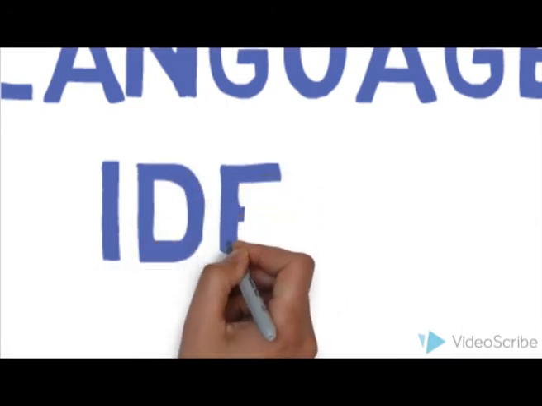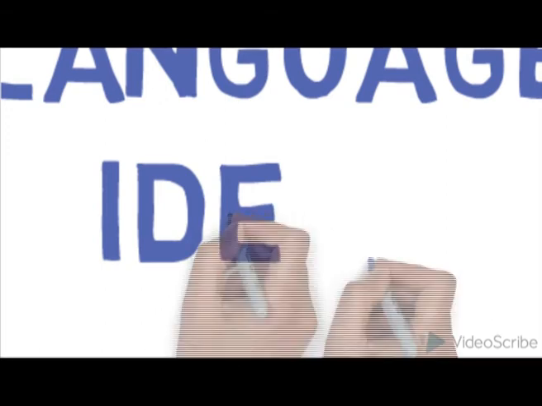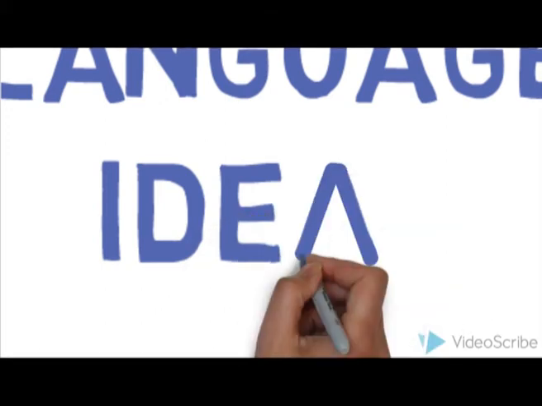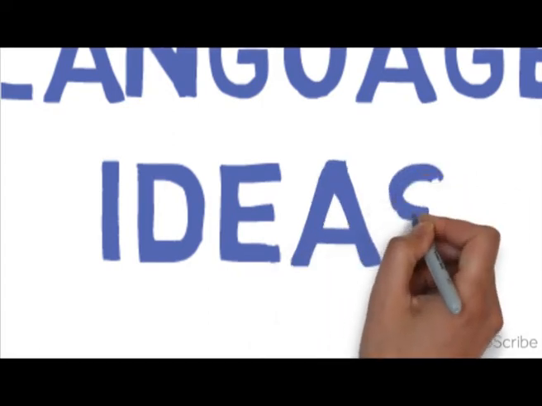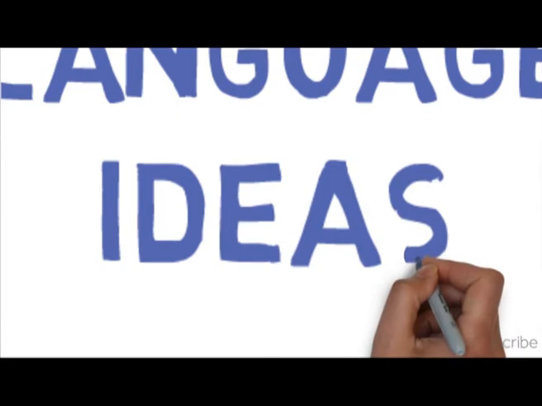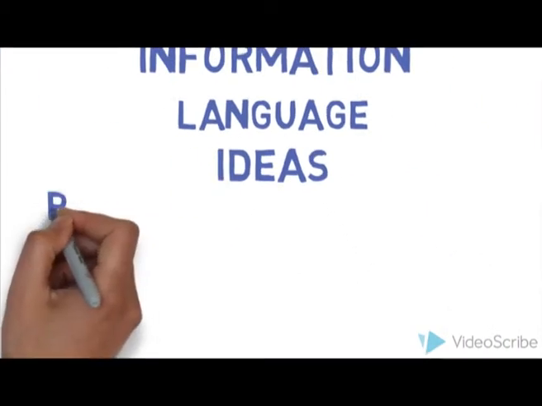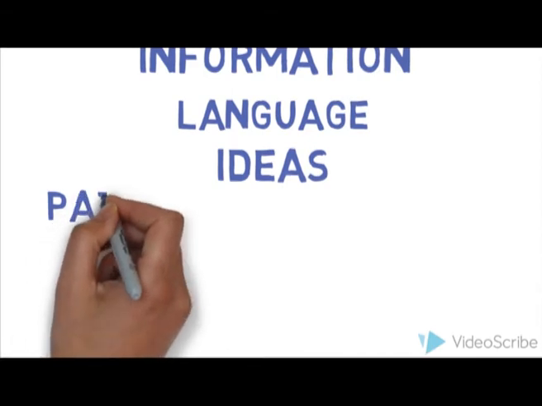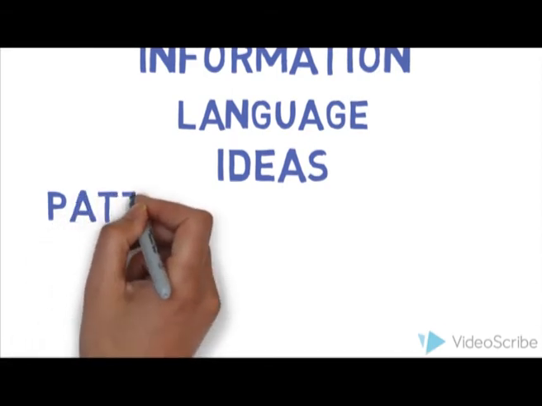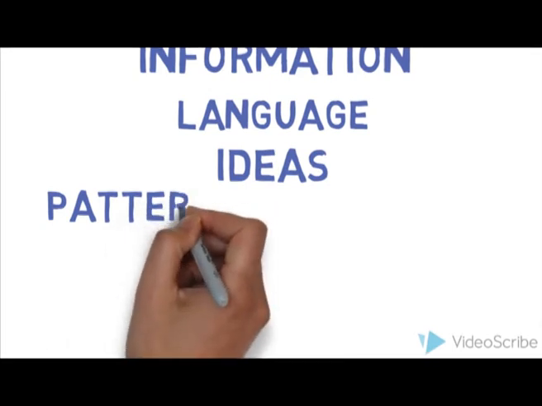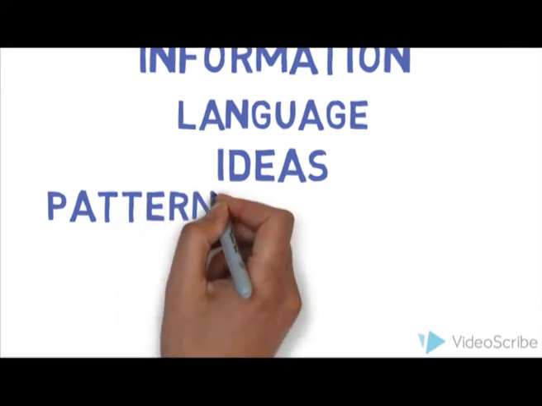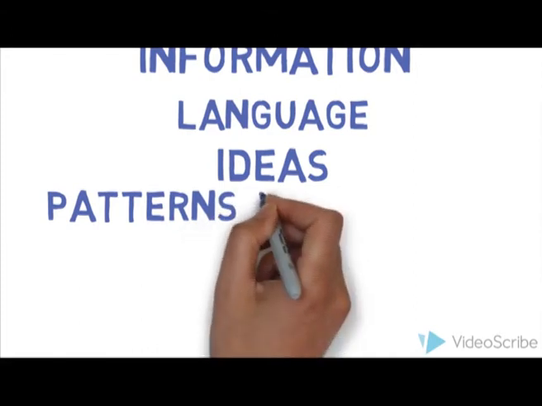Ideas. Teachers need to be able to suggest ideas to help students when they get stuck. A good writing teacher is able to throw out suggestions without crowding out individual students with too much oppressive detail. And finally, students need patterns and schemes.